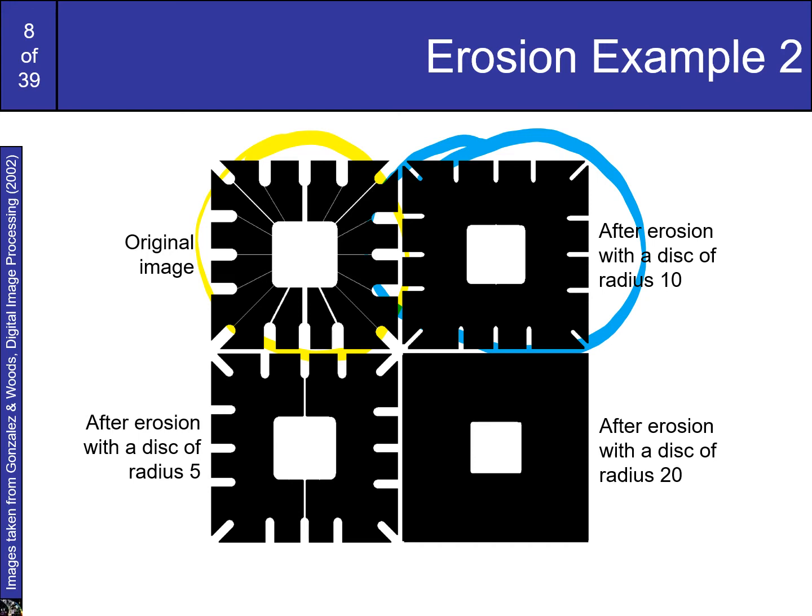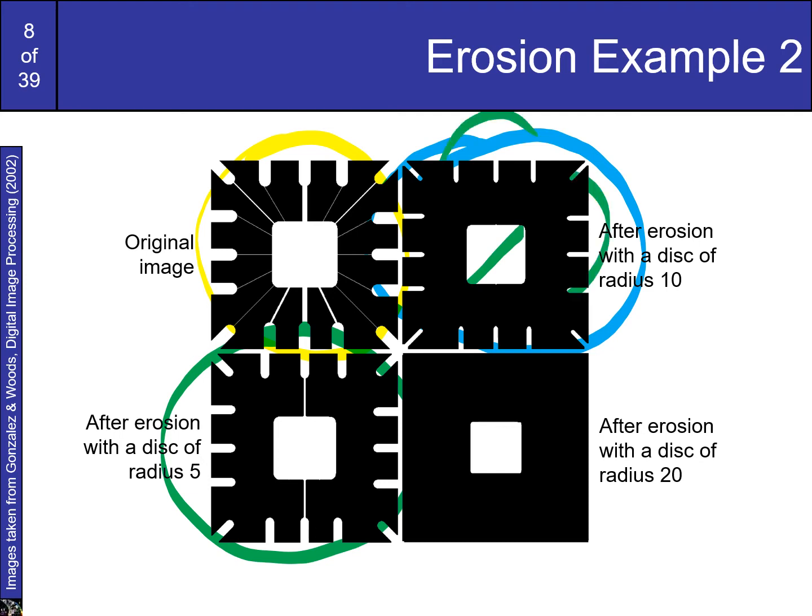And if we use a smaller radius of this structuring element, for example 5, we have the result in the bottom left here, which we can see that the white is not as small as when we use the disc of radius 10, like the top right here.